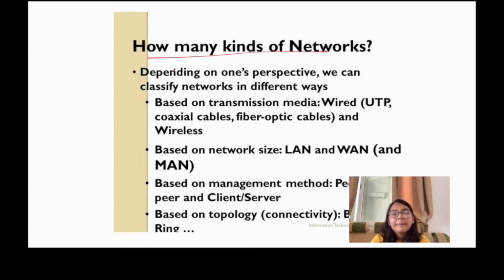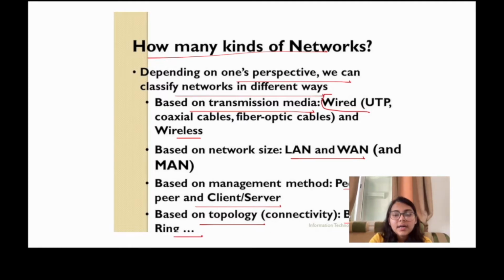Depending on one's perspective, we can classify networks in different ways: based on transmission media, which means wired and wireless; based on network size, that is LAN and WAN; based on management method, peer to peer and client server; and based on topology, bus, star and ring.